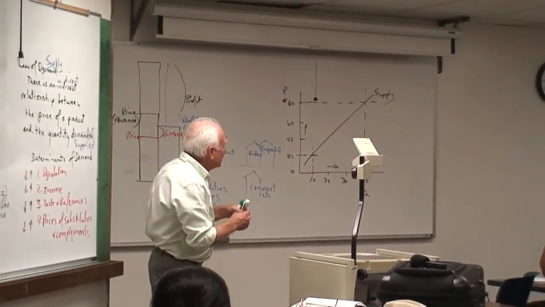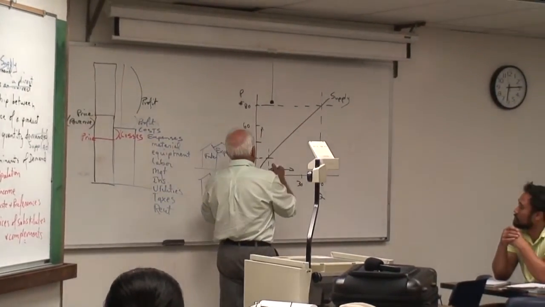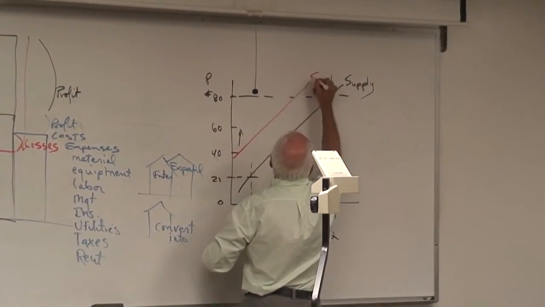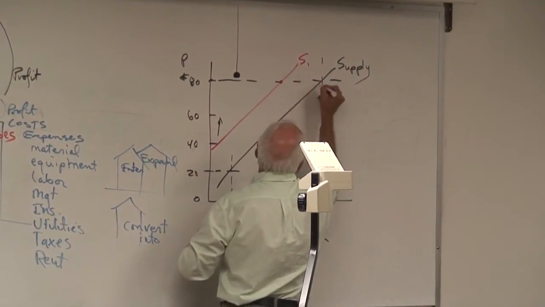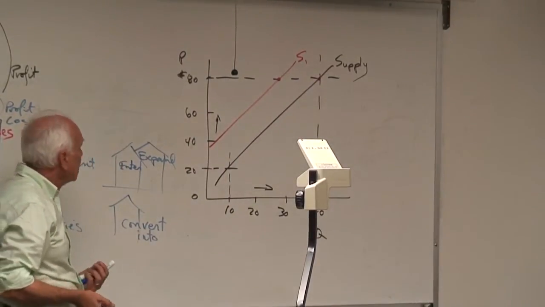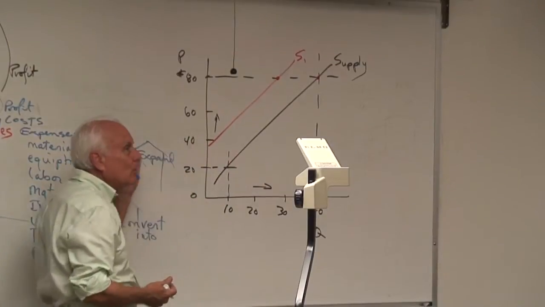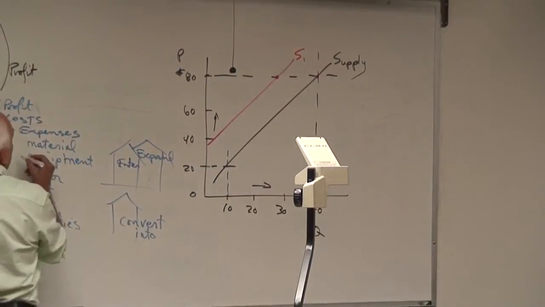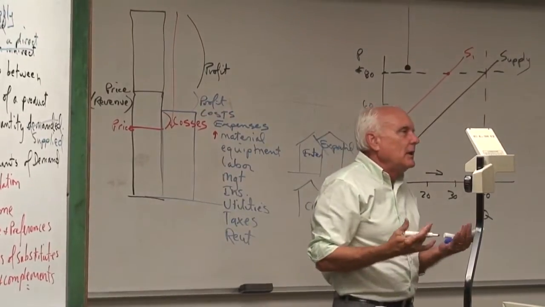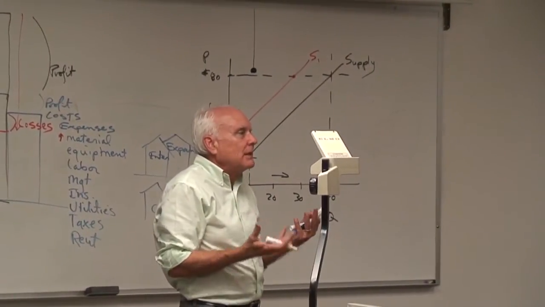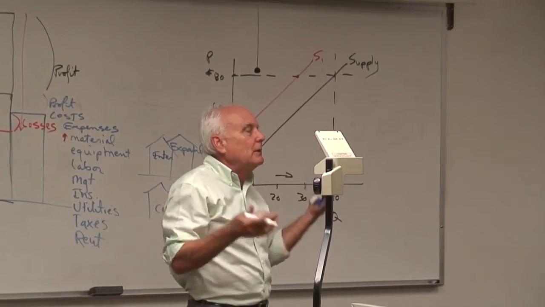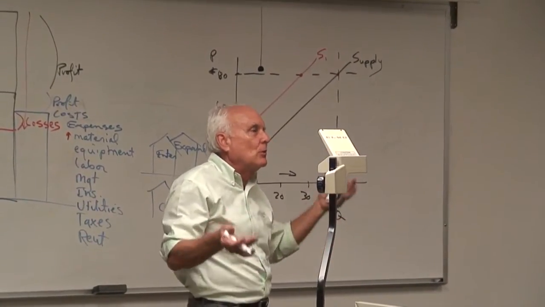Now the supply curve shifts also. It's constantly moving. And so usually the supply curve shifts to the left when costs go up. In other words, your costs as a business are always changing. If the cost of materials go up, oh my gosh, we were getting our textiles from South Carolina, a textile mill there, and suddenly they doubled the price of cloth, so we've got to pay more.